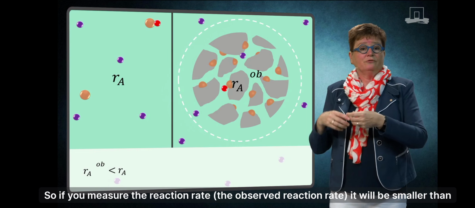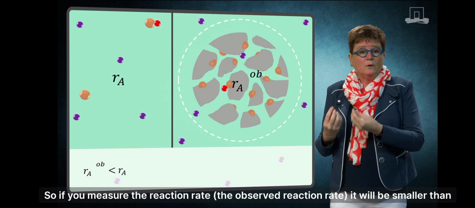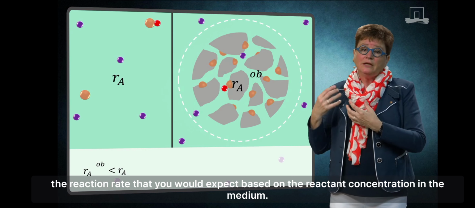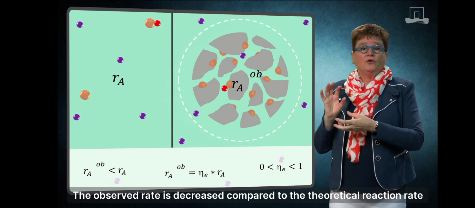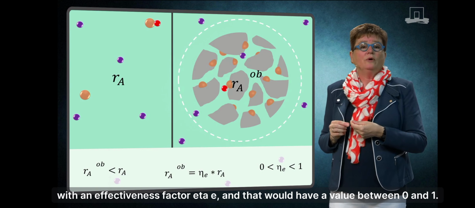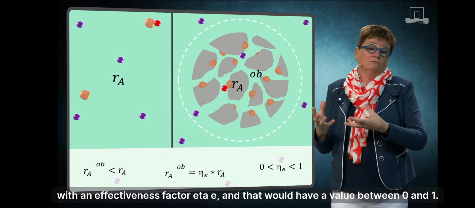So if you measure the reaction rate, the observed reaction rate, it will be smaller than the reaction rate that you would expect based on the reactant concentration in your medium. The observed rate is decreased compared to the theoretical reaction rate with an effectiveness factor eta E, and that will have a value between 0 and 1.